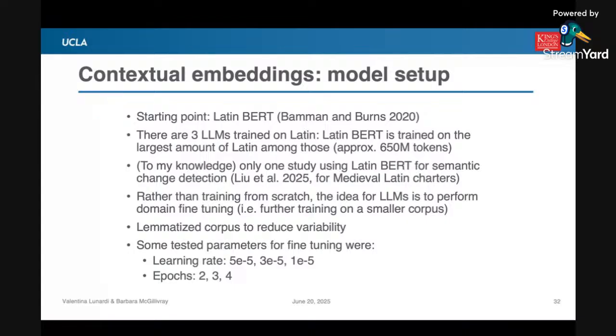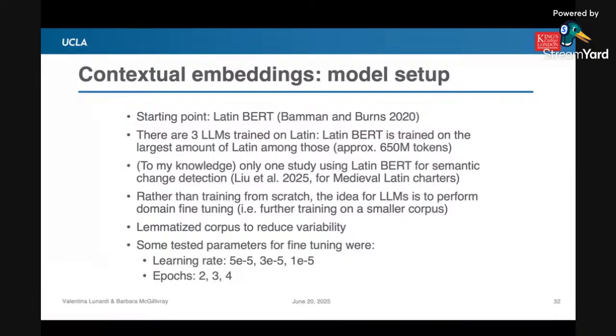My starting point was Latin BERT, the large language model. To my knowledge, it is the model trained on the largest amount of Latin among those available, approximately 650 million tokens.